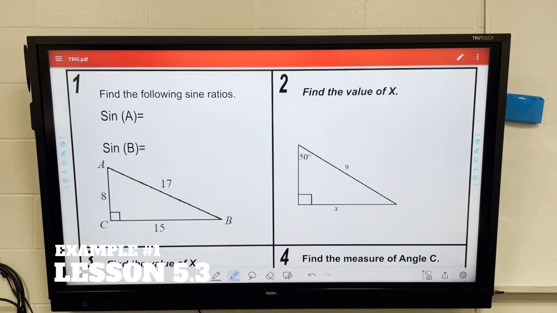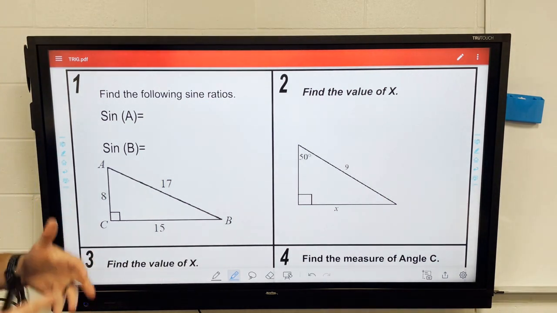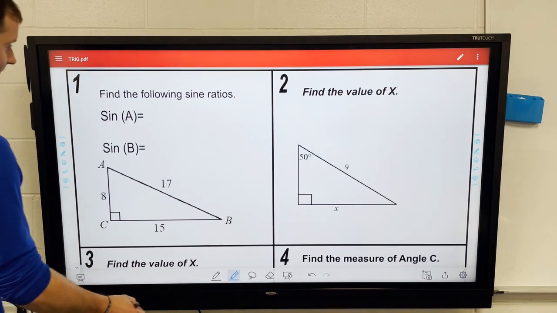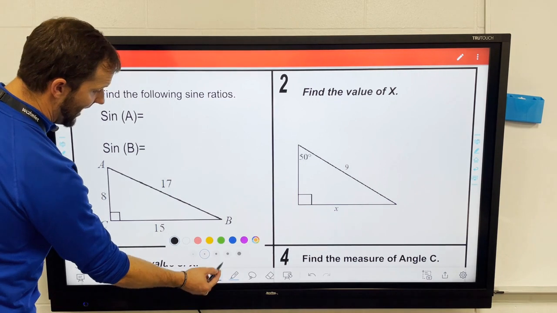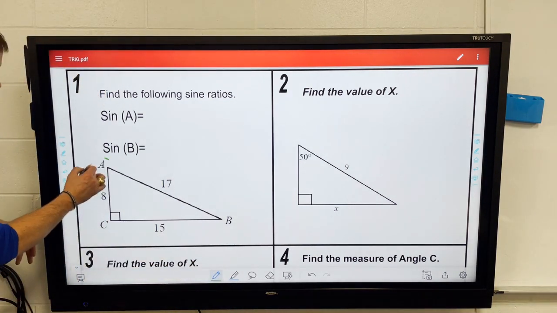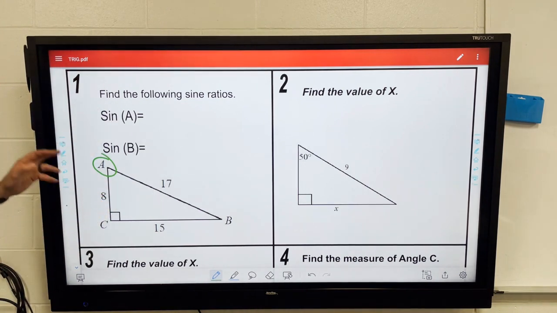Okay, so right now on number 1, it's literally just wanting you to find the following sine ratios. So I literally just want you to write the ratio. That's all I want you to do. So the first thing it asks is I want to find the sine of A. So that means I'm looking at everything from angle A. I'm not looking at anything else differently, okay? So here we go.